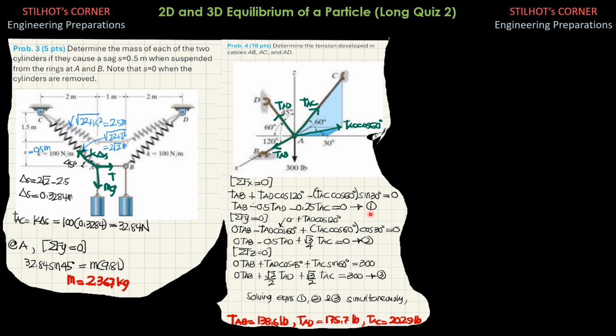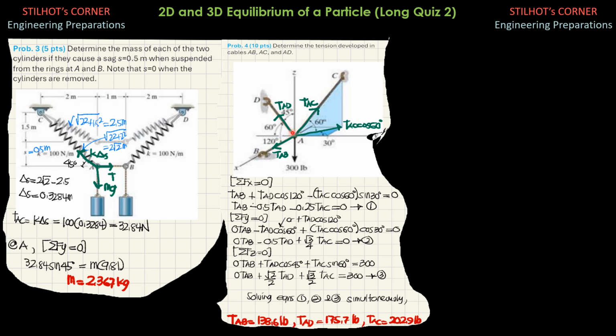Call that equation 1. Then we sum up forces along y equals 0. Of course, tension AB has no y component. It is directed towards the positive x-axis. Then tension AD is negative.